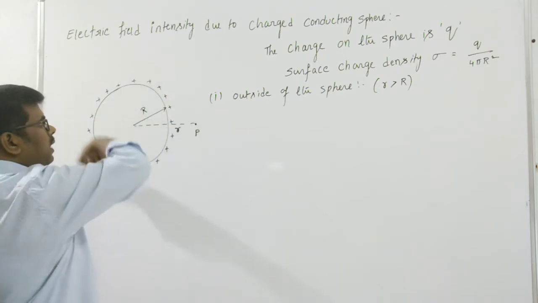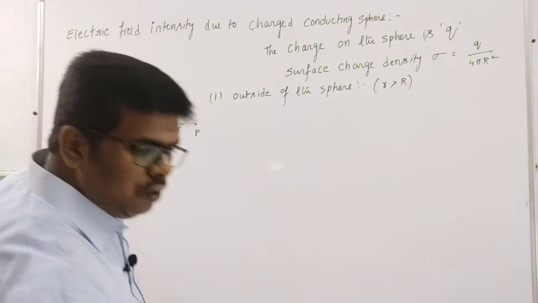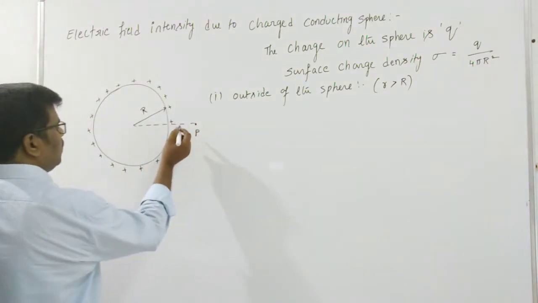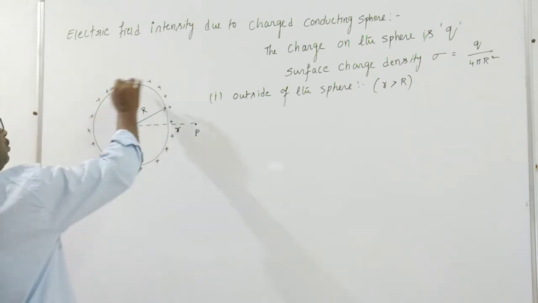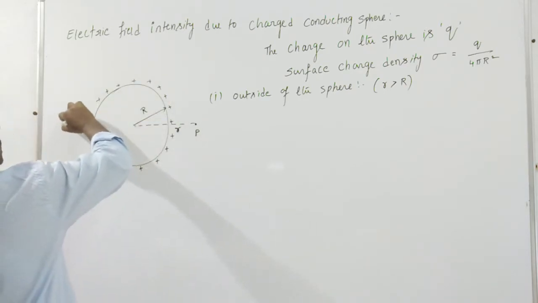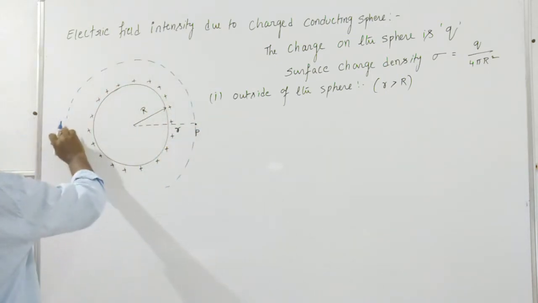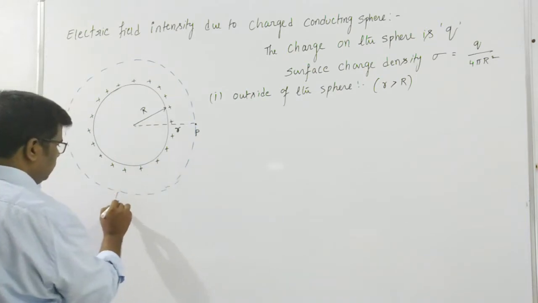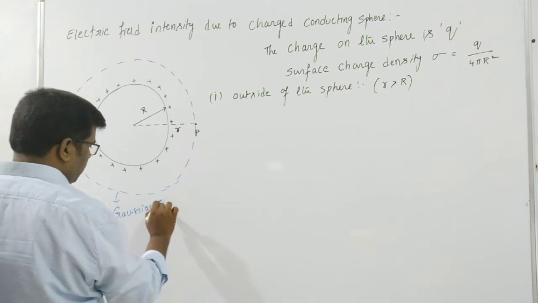We can enclose this by constructing one imaginary sphere, a sphere whose radius is r. That imaginary sphere we can call a Gaussian sphere.